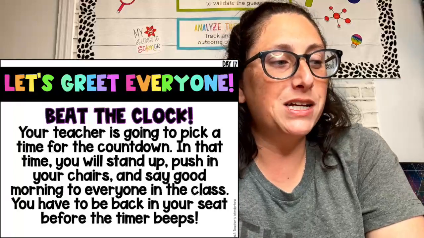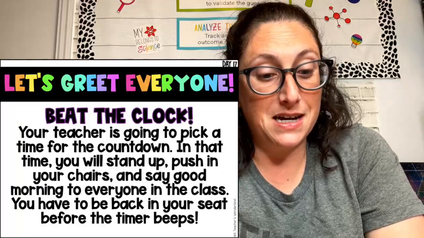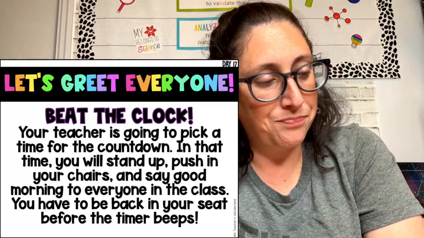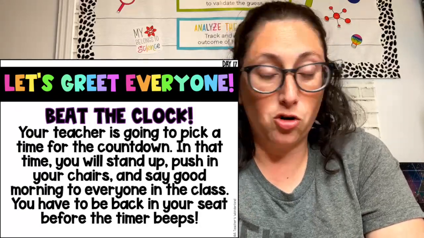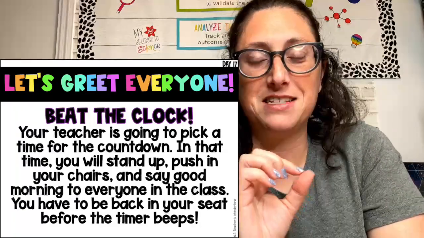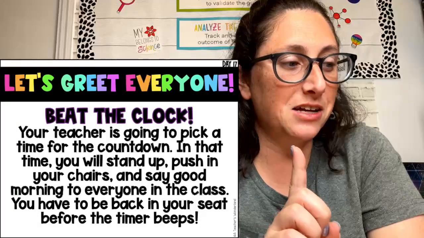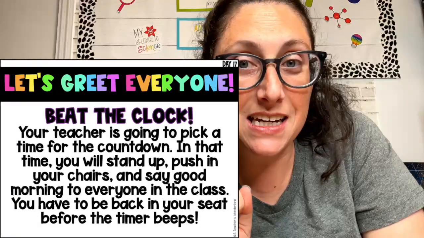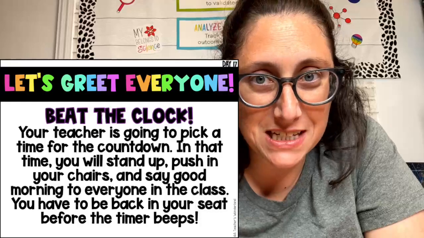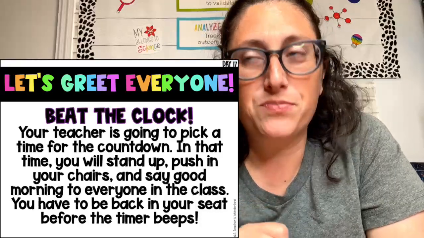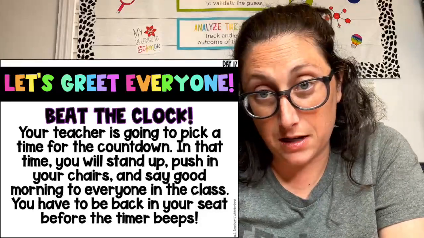Beat the clock. I'm going to do a realistic time. All the kids are going to push their chair in, say good morning to every single person in the classroom, and they all have to be back by the time the timer goes off. Obviously, you're not going to put 3 seconds on the timer.